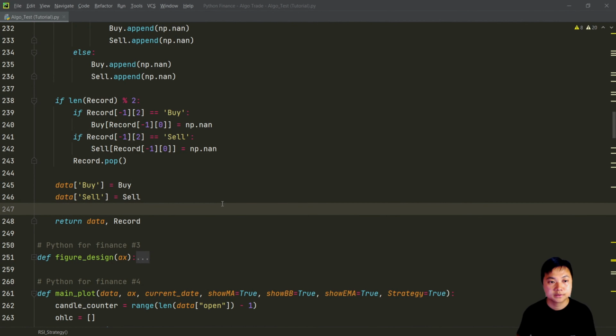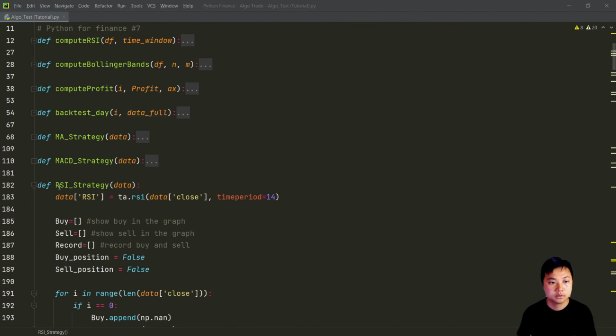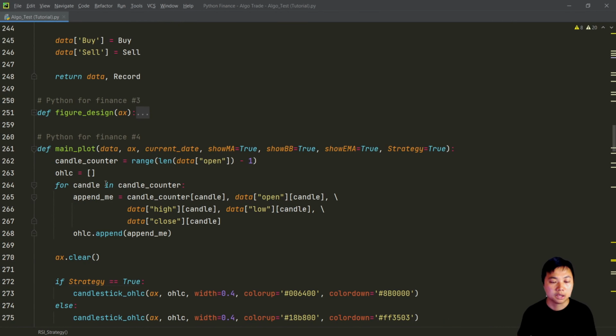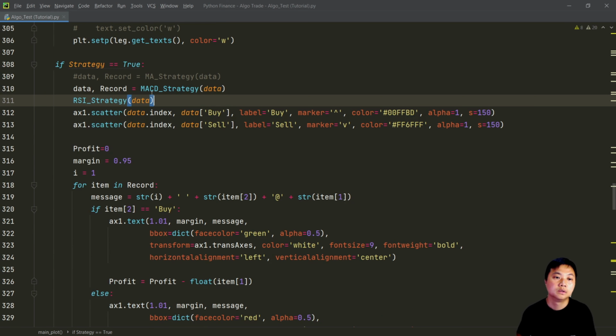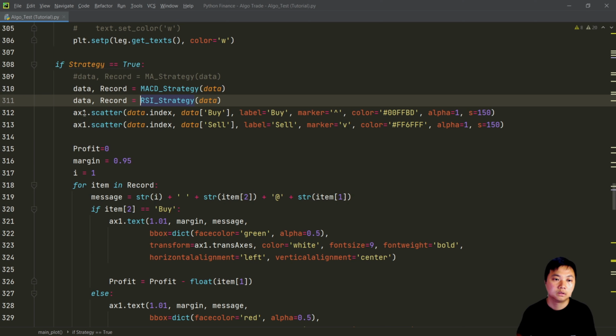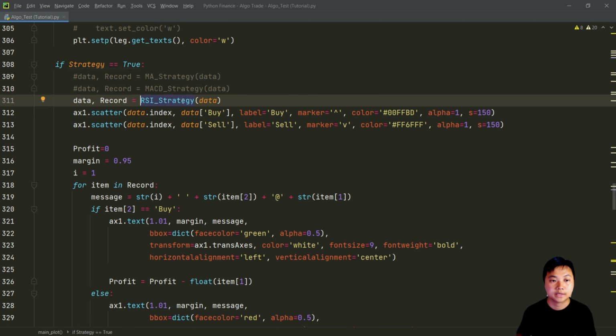And the final thing that I need to do is just to put these strategies back to the main plot. And over here, I will just comment out these MACD strategies and then make this RSI strategy live.